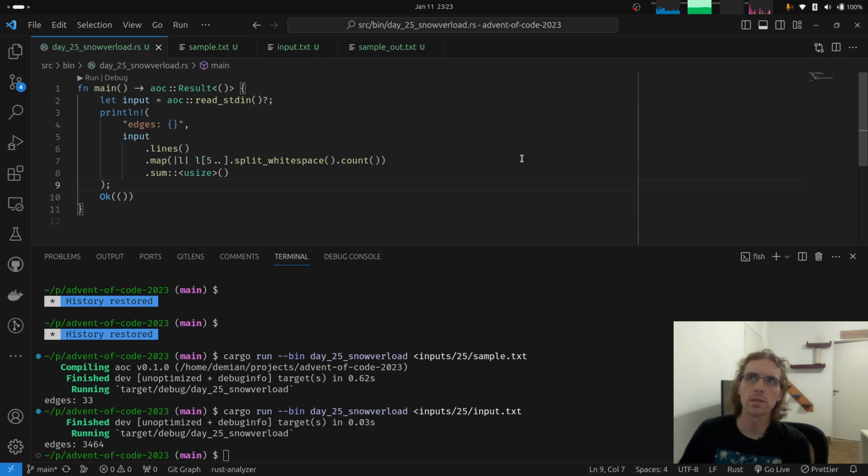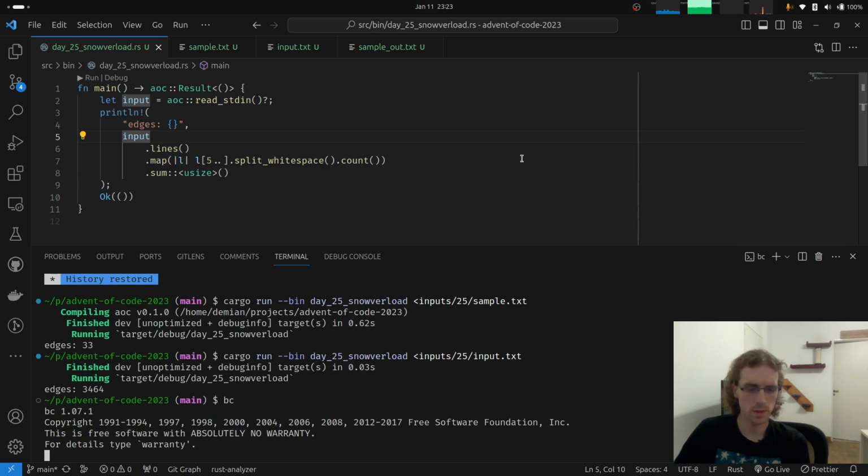So my estimation of how many, these are the amounts of wires, right? So my estimation of the amounts of combinations of 3 wires in here, if I'm not mistaken, we can use BC for this.